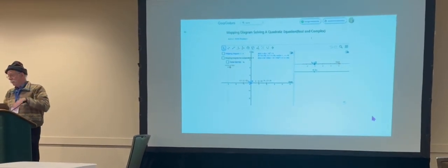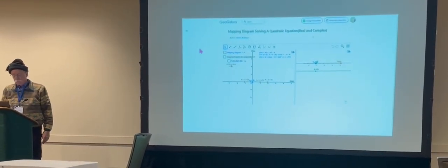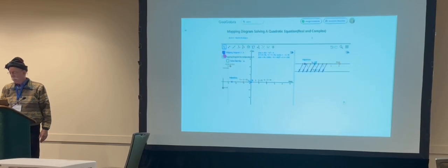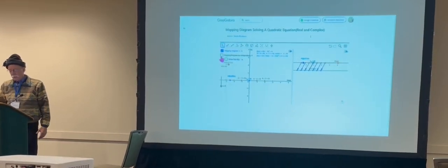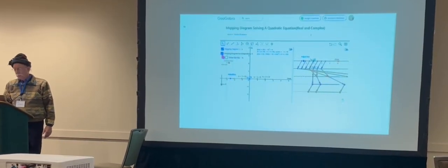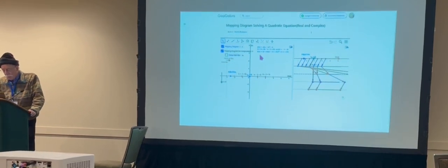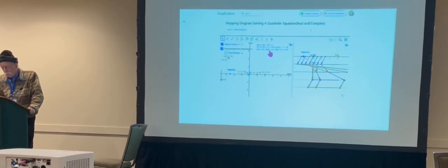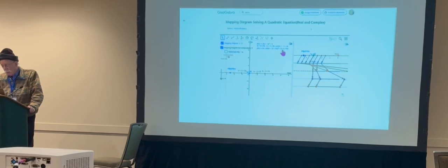I'll turn the arrows sideways, and here's the mapping diagram for z minus h, and then this is the rest of the compositions for what I have here. This is 2 times (z minus 1) squared minus 1.